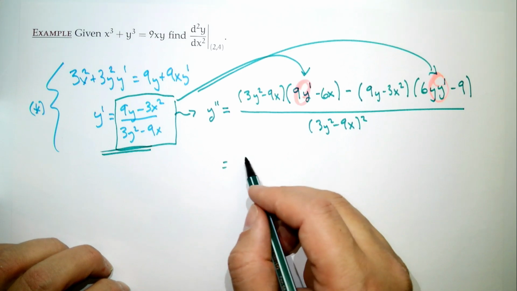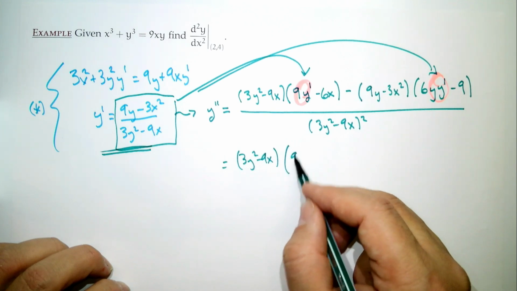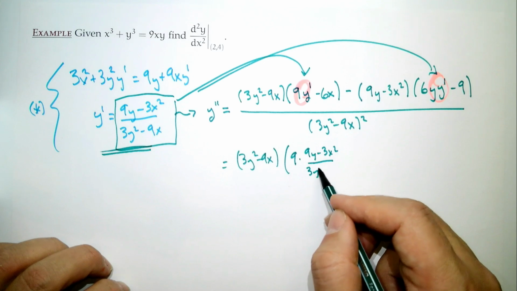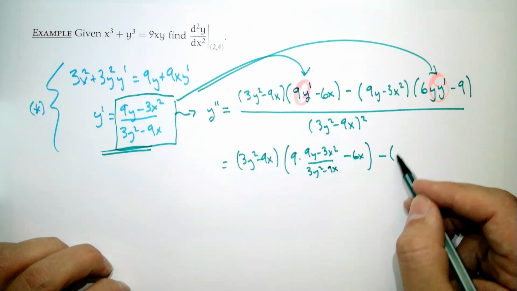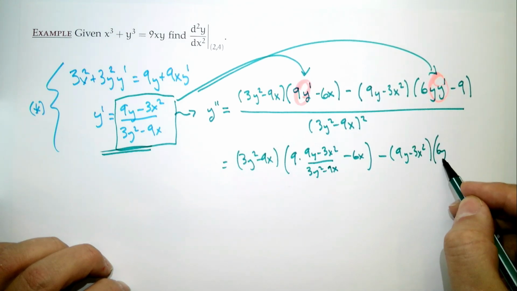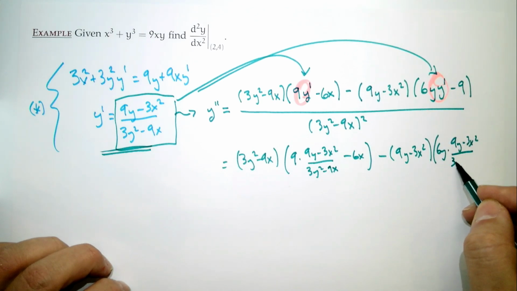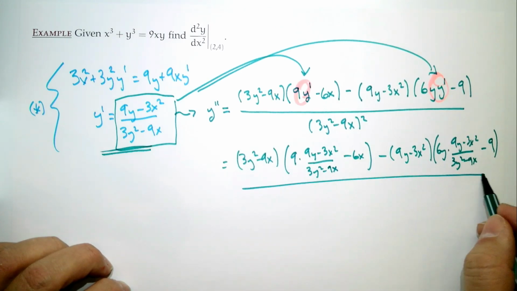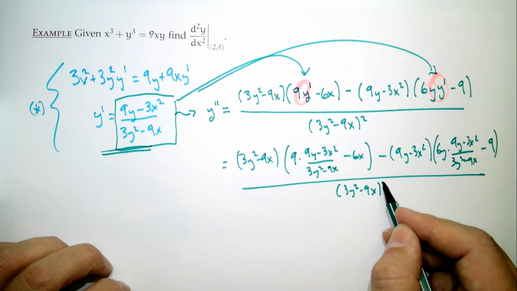So we get 3y squared minus 9x times 9 times (9y minus 3x squared over 3y squared minus 9x), minus (6x minus (9y minus 3x squared) times 6y times (9y minus 3x squared over 3y squared minus 9x) minus 9), all over (3y squared minus 9x) squared.